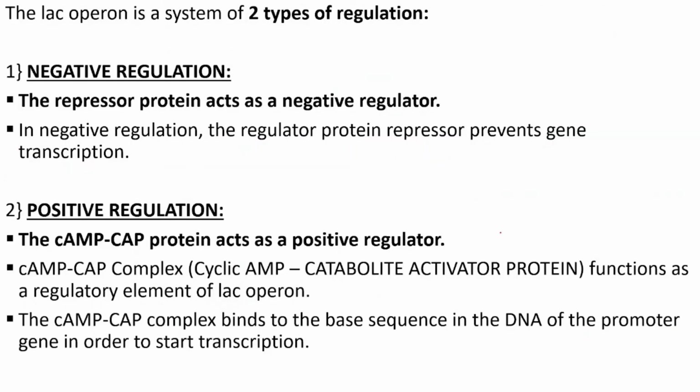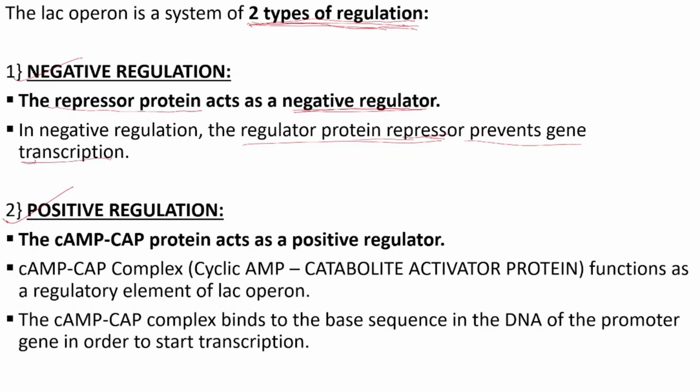Now, the Lac Operon is a system of two types of regulation. First one is negative regulation and the second is positive regulation. How does negative regulation take place? A repressor protein acts as a negative regulator. In negative regulation, the repressor protein prevents gene transcription.